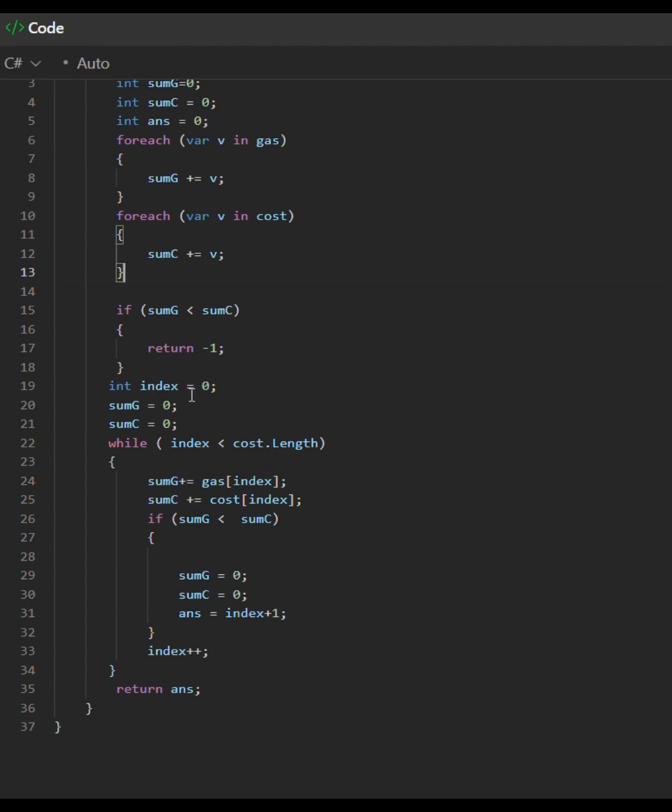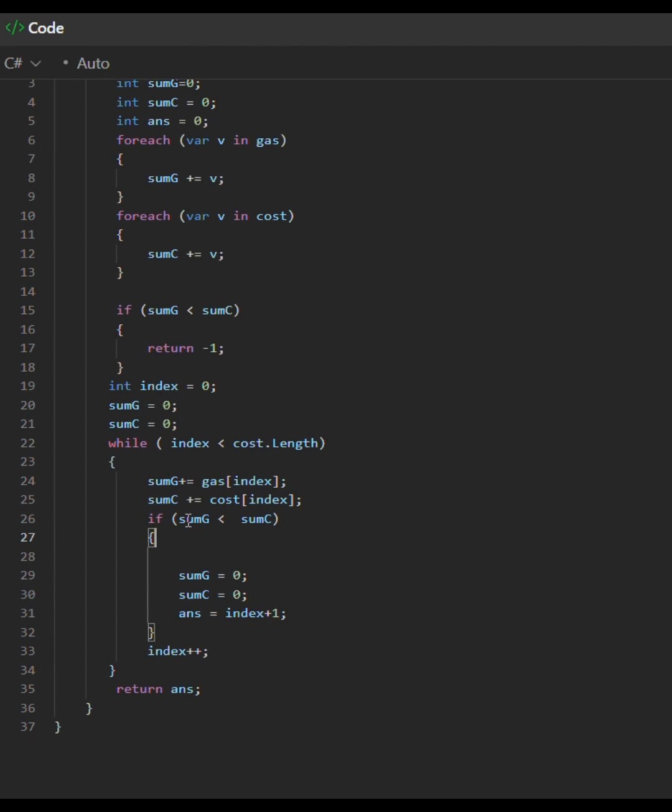While the index is less than the array size, we add the previous indexes along with the current index, the gas amount and the cost amount, to get our total amount so far.